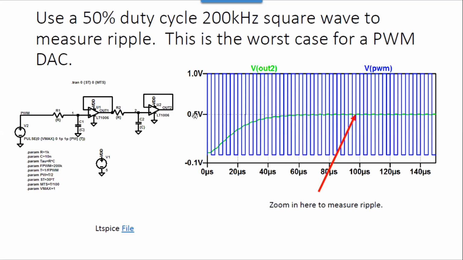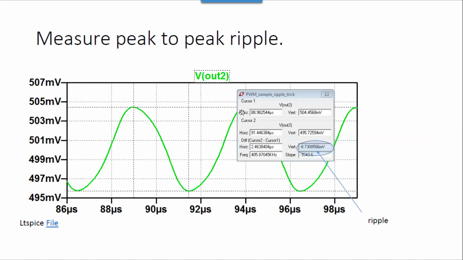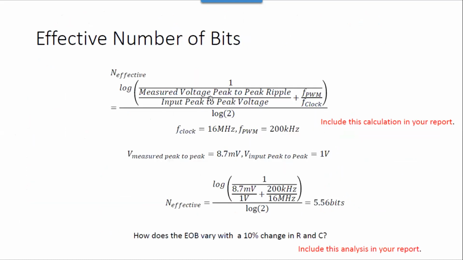The difference is that because it's 50% duty cycle, you're going to the average of half whatever the input was. You can zoom in on that and see here's the ripple. You measure that, put it into this equation, and then you can say, right there, I'm getting 5.56 bits.